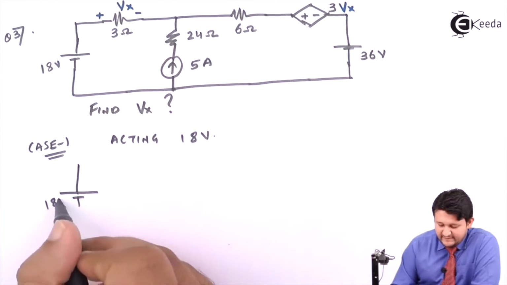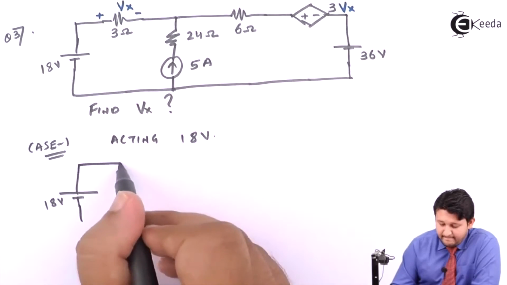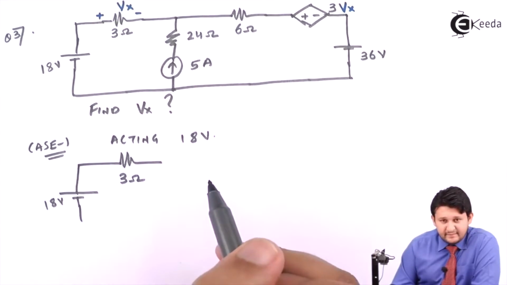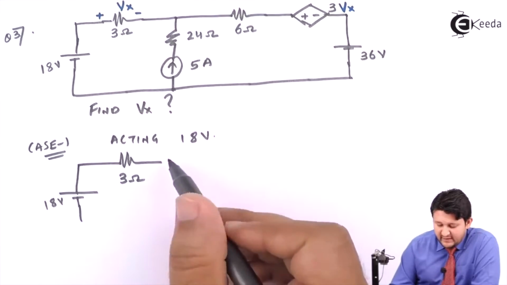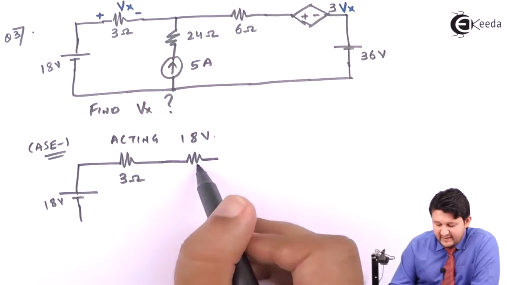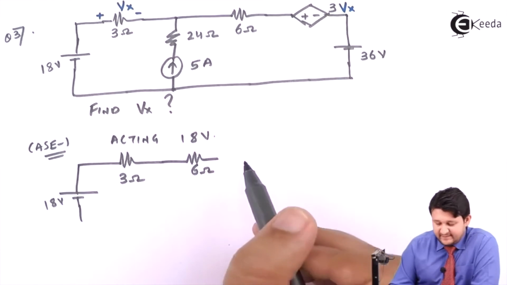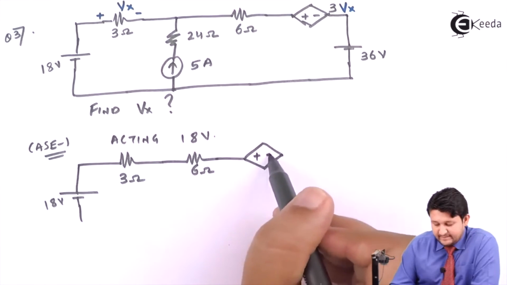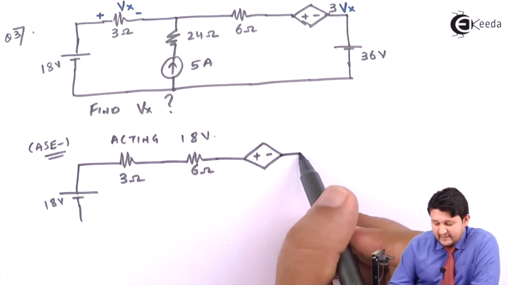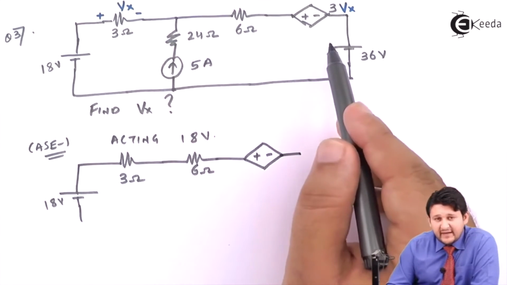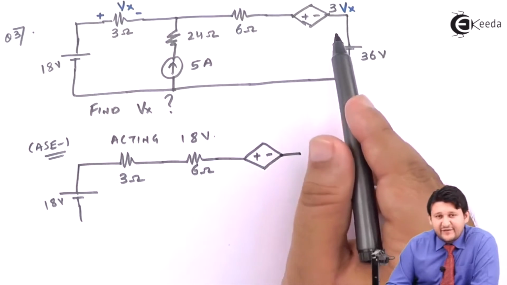So your circuit will be your 18 volts, your resistance. Since you open circuited, this branch will be removed automatically. So you will be getting a 6 ohm resistance, a voltage source, and since this is the independent voltage source, you will be replacing it by its internal resistance, which is 0.